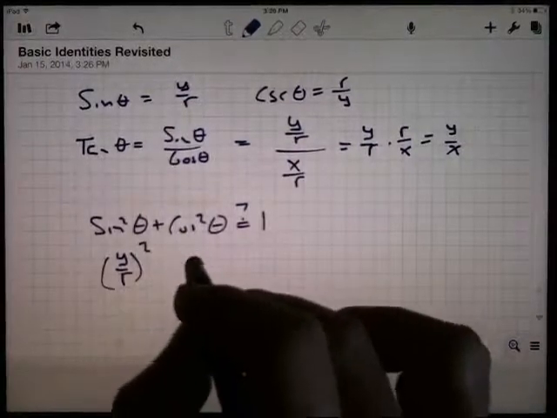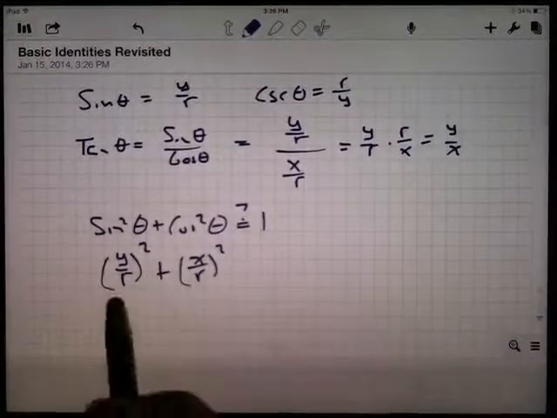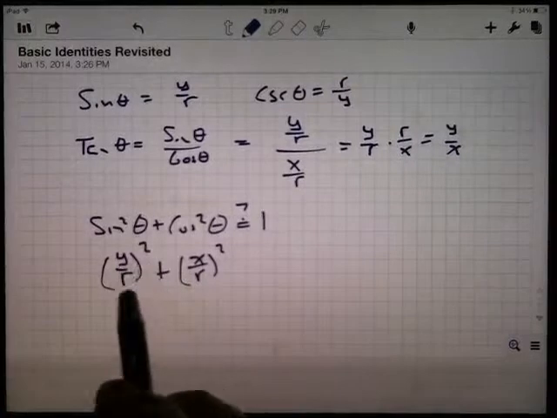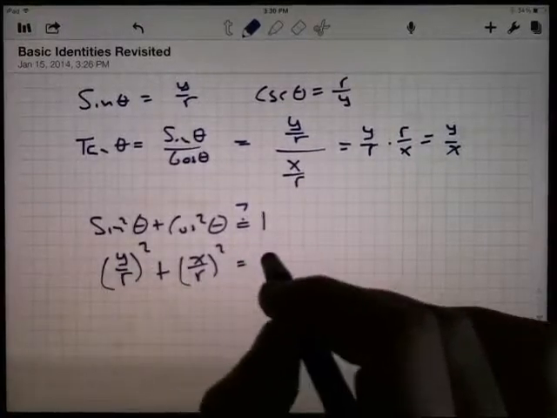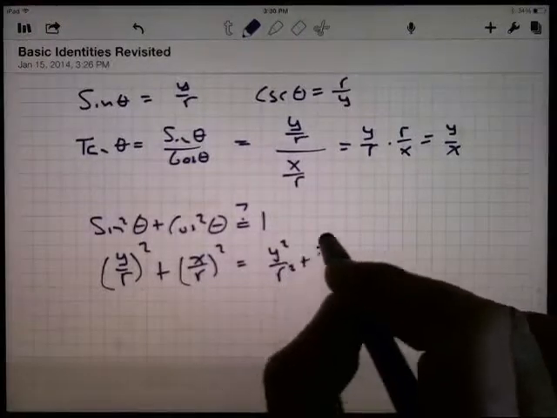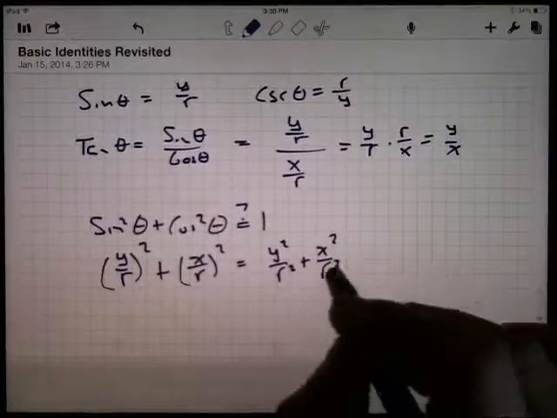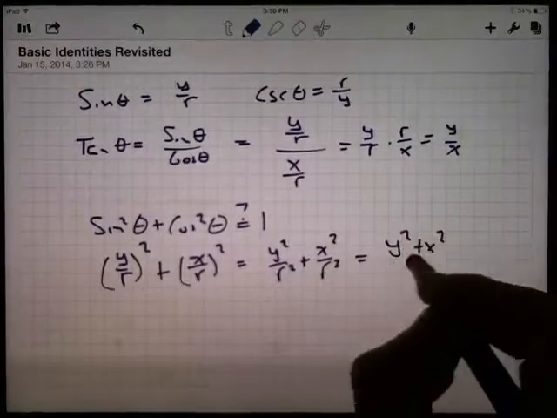The cosine of theta is x over r, so squared looks like that. Now, x and y might be positive or negative, but when you square them, it doesn't matter. They become positive. So this still looks like y squared over r squared plus x squared over r squared, and you've got a common denominator, so this is y squared plus x squared over r squared.